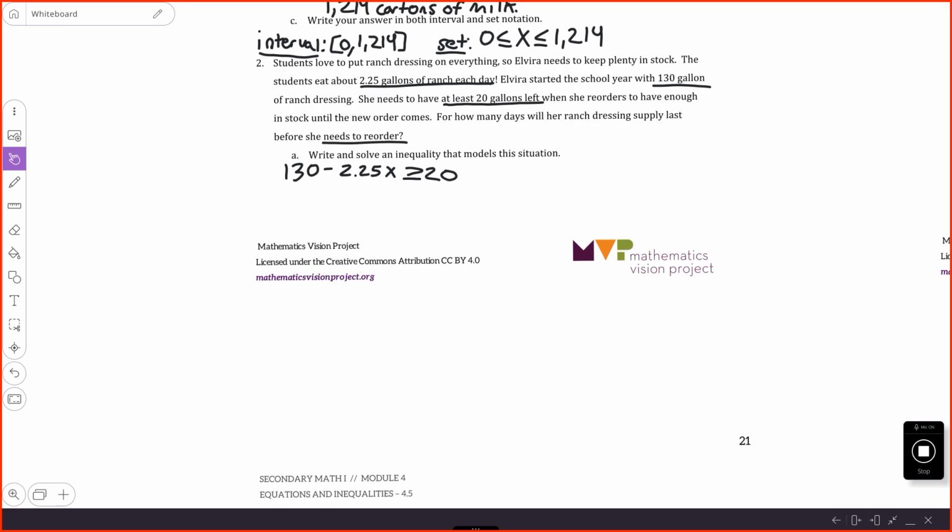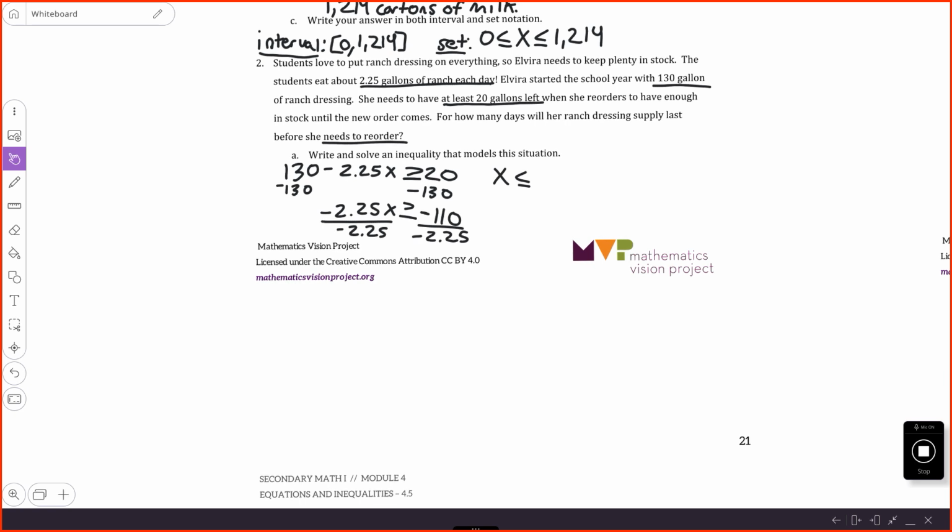Sorry, just double checking my math. Yep, greater than or equal to 20. So I'll subtract 130 from both sides. I have negative 2.25x is greater than or equal to negative 110. Divide by negative 2.25. Hey, look, we're dividing by a negative number, so I have to switch the inequality.